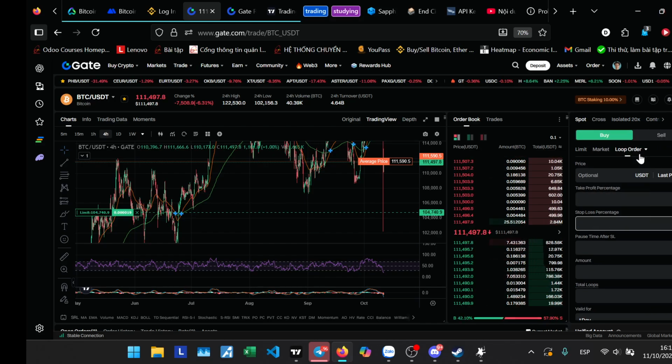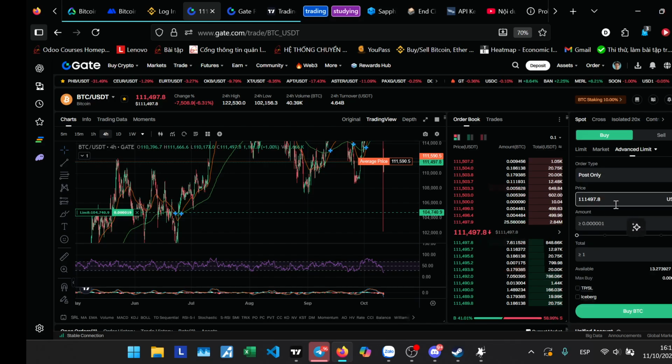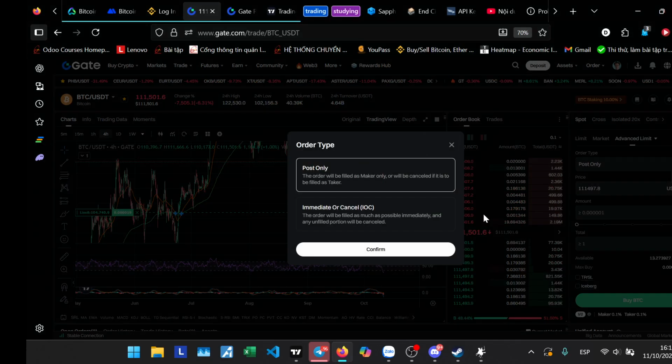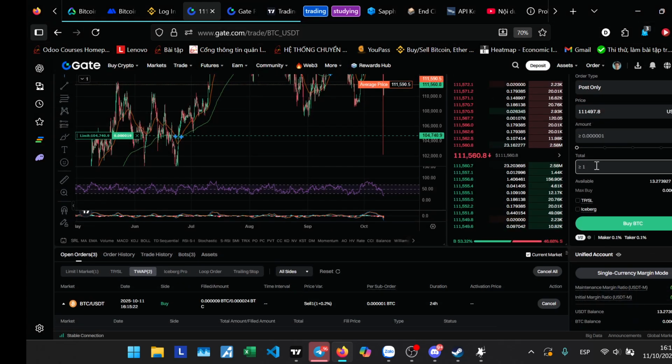Advanced limit orders are just limit orders, like the buy stop order or sell stop, and take profit and stop loss. Bidder or cancel doesn't really matter that much. So it's usually for institutions.